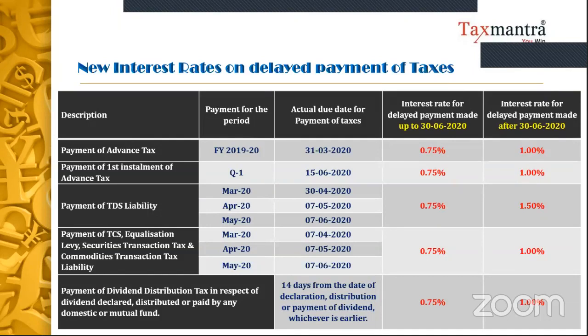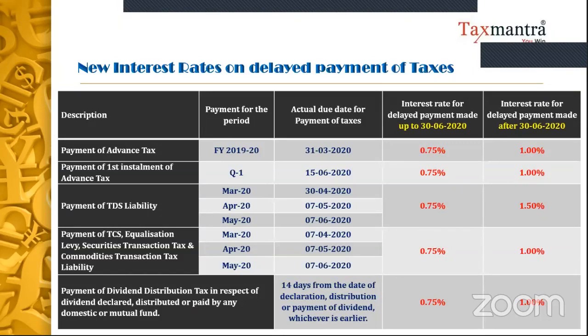Regarding equalization levy, STT and CTT liability payment, the due dates would be the 7th of April, 7th of May and 7th of June for the months of March 20, April 20, and May 20 respectively. If the taxpayer makes the payment within the due date, there will be no interest.